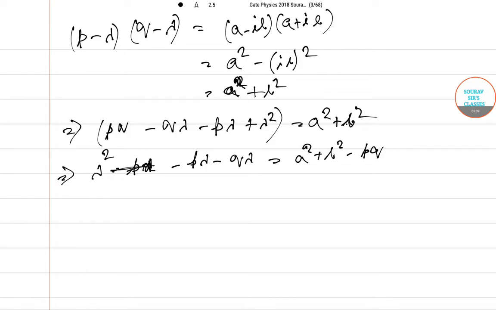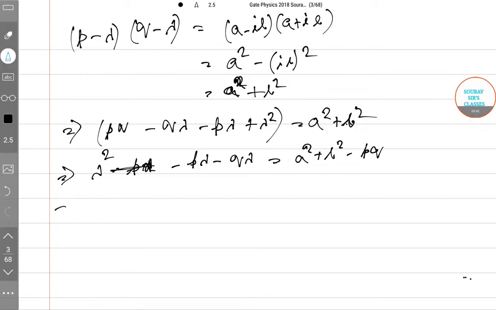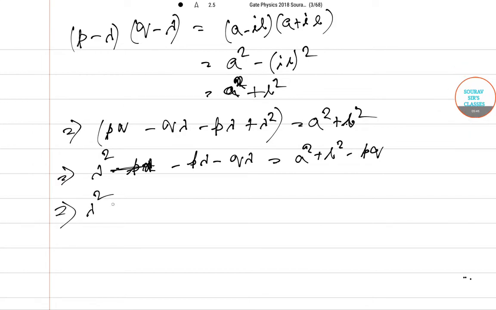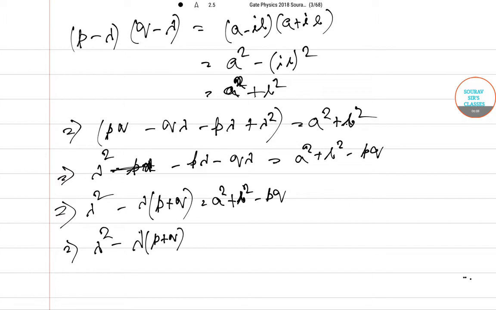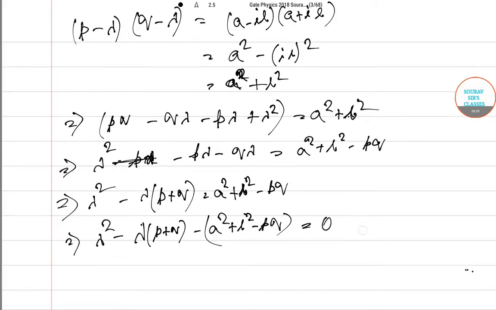So we can write lambda square minus lambda into P plus Q equals A square plus B square minus PQ. So lambda square minus lambda into P plus Q minus A square plus B square minus PQ equals 0.